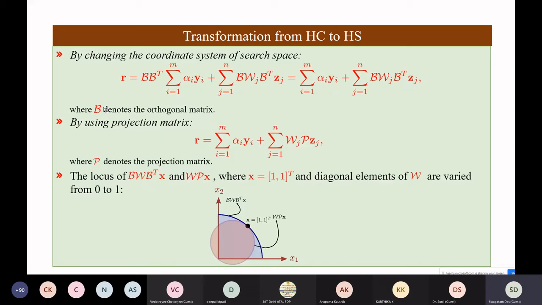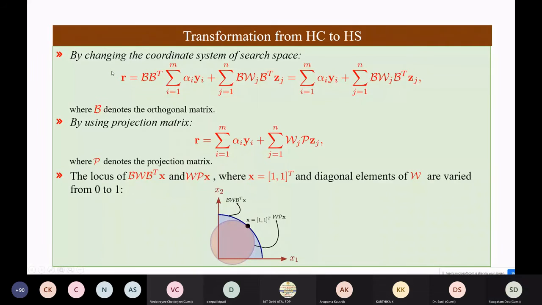And then we can have nice projection properties from this B Wj B transpose Zj. So this portion could be written as a projection matrix. When we have the orthogonal matrix comprising the current basis of your vector space, then you have this sort of coordinate rotation.